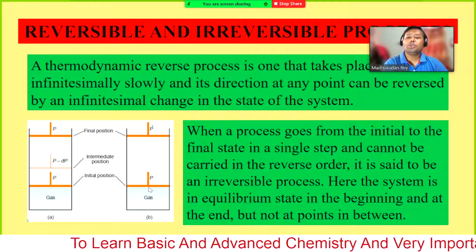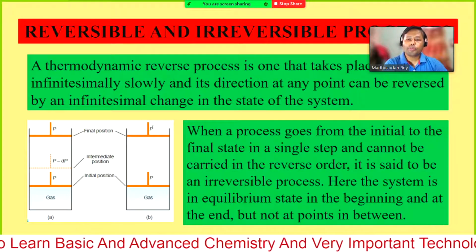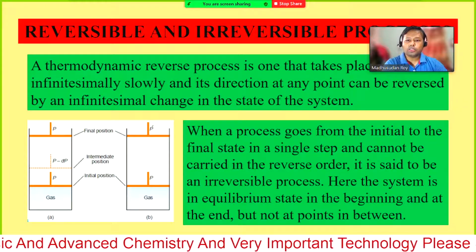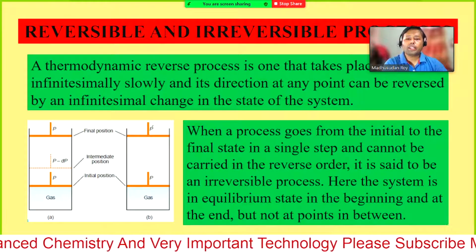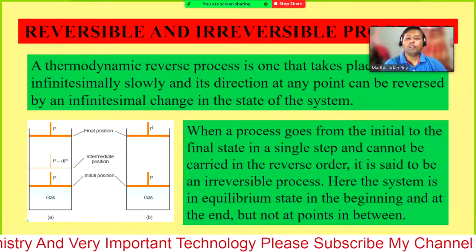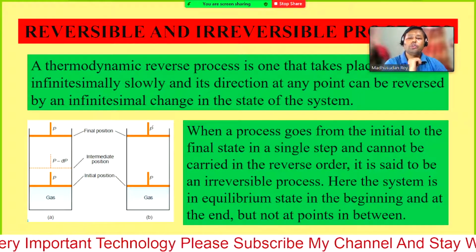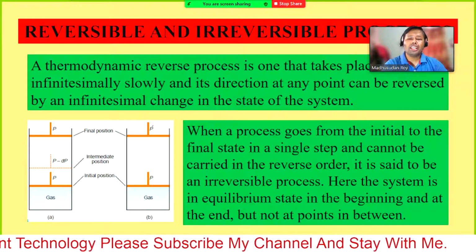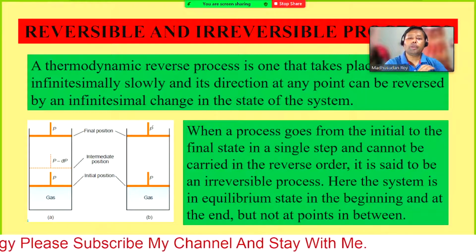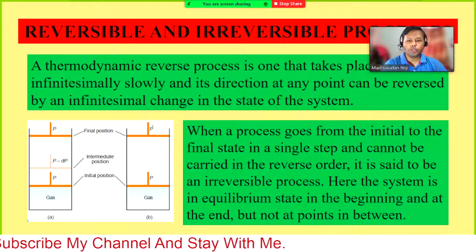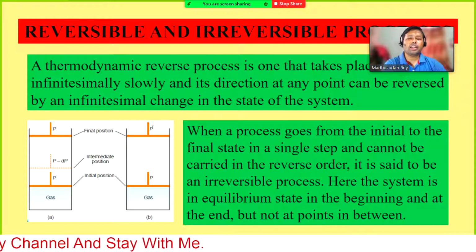You cannot go back to the initial position, because the density or properties of the system have been changed. This process is irreversible, so it cannot go back to the initial position. So we consider this an irreversible process.